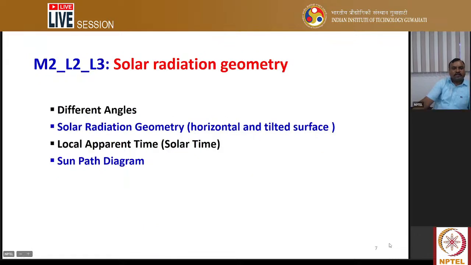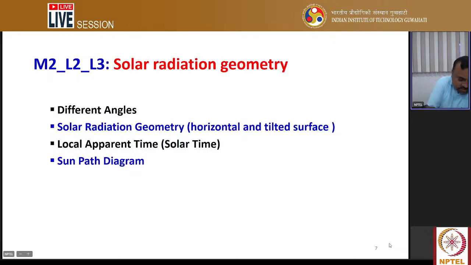In lectures 2 and 3 of module 2, solar radiation geometries were discussed. Under this module, different angles, solar radiation geometry for both horizontal and tilted surfaces, local apparent time, and sun path diagrams were discussed.